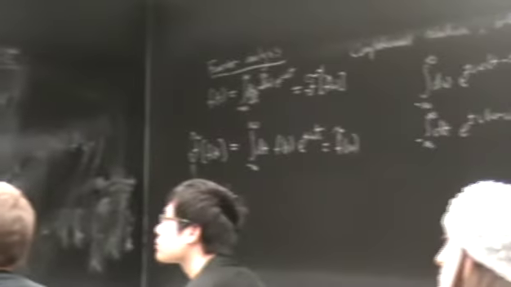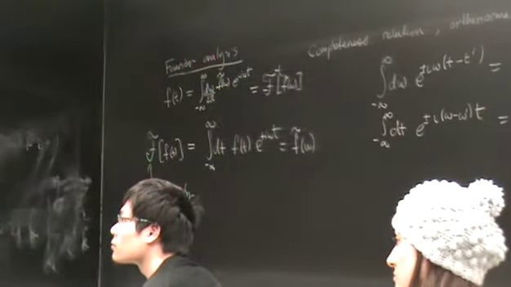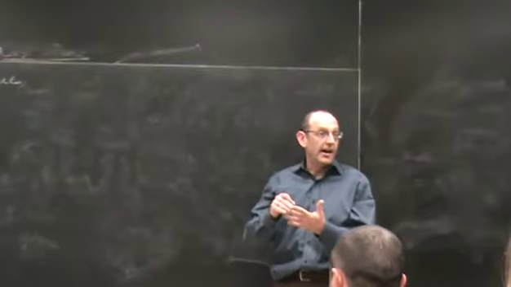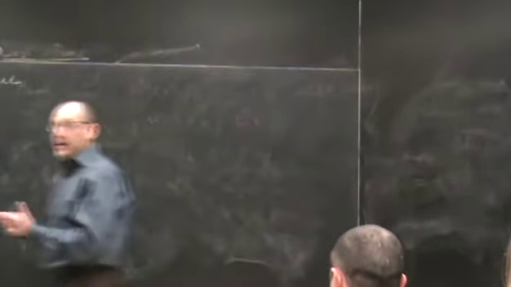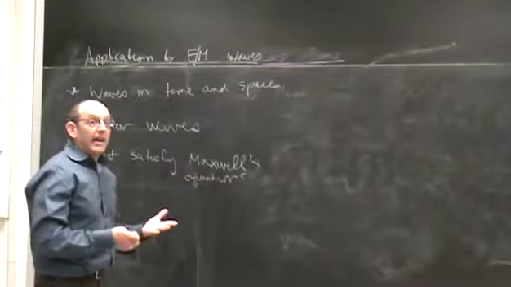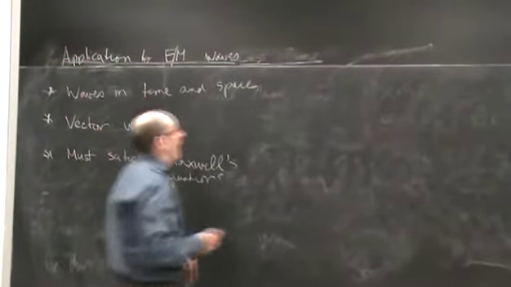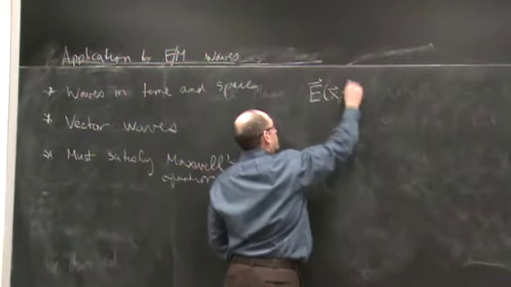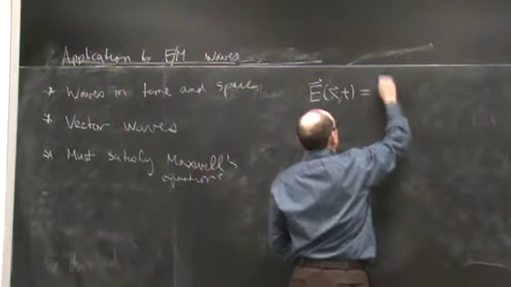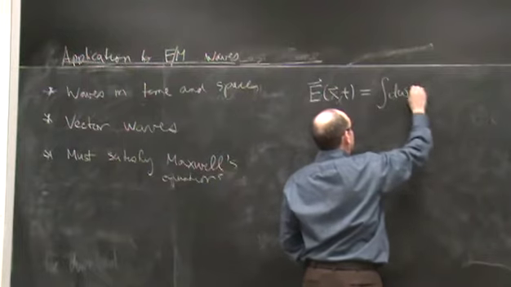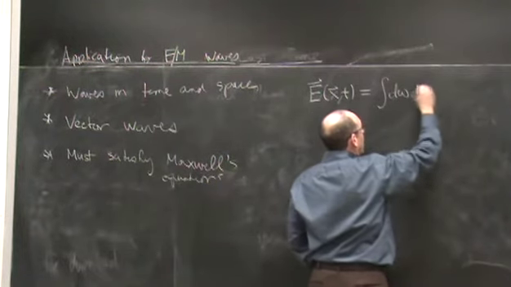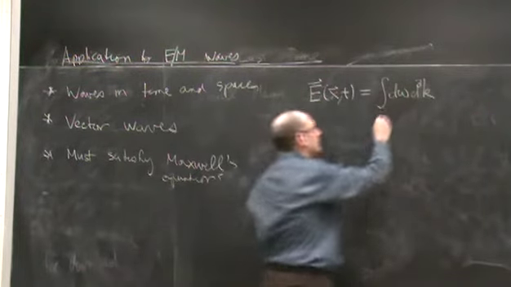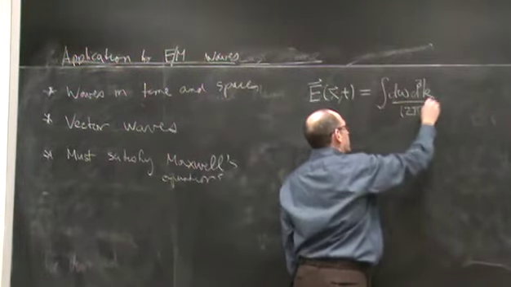So we have, in some sense, a four-dimensional function, a function of four variables, x, y, z, and time. So we can write down a four-dimensional Fourier integral. And so that's what we're going to do. My general vector to start with is an integral over omega, dkx, dky, and dkz, which we write as d cubed k. And then with these units, I have a 2 pi to the 4th.